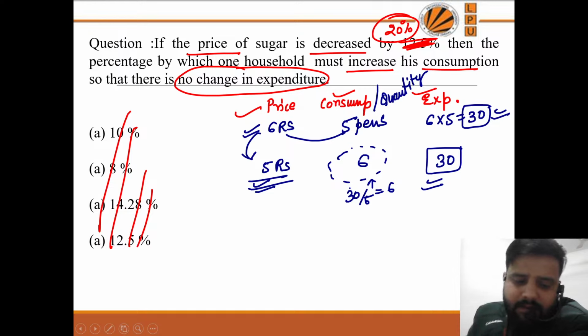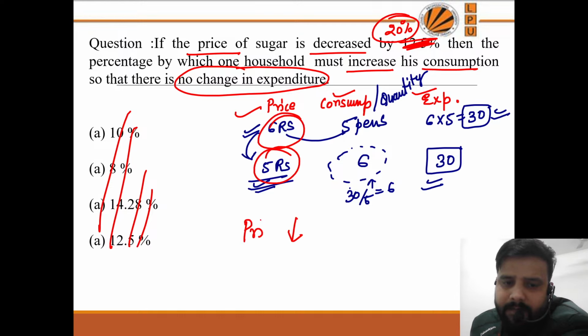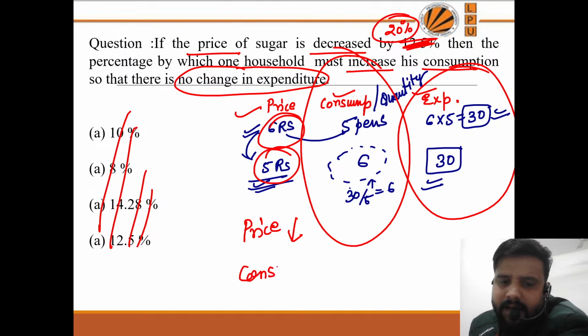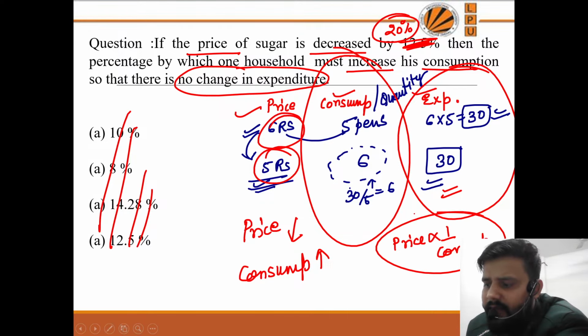So what is happening here? Price is going down, expenditure is the same, so what will happen with the consumption? Consumption will obviously go up. Now, when expenditure is the same, there is an inverse relationship between price and consumption. Getting my point?